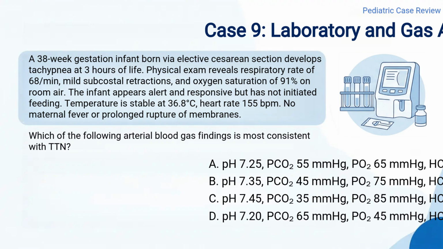Option C, pH 7.45, carbon dioxide partial pressure 35 millimeters of mercury, oxygen partial pressure 85 millimeters of mercury, bicarbonate 23 milliequivalents per liter. Option D, pH 7.20, carbon dioxide partial pressure 65 millimeters of mercury, oxygen partial pressure 45 millimeters of mercury, bicarbonate 20 milliequivalents per liter.